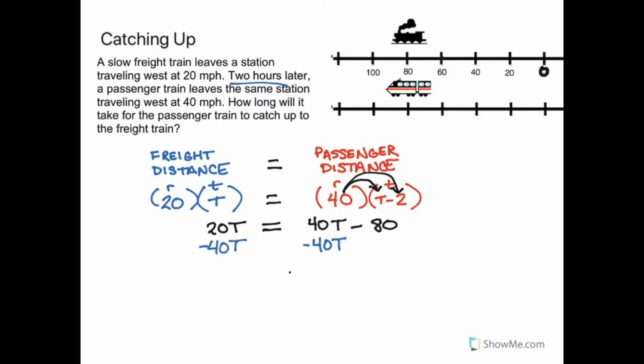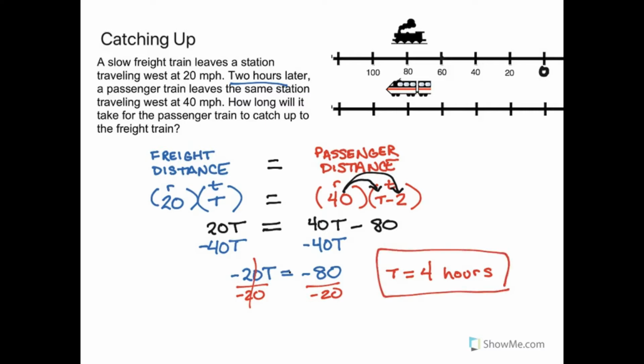So I subtract the 40t and I get negative 20t equals negative 80. Okay, divide by negative 20, 4 hours. That's 4 hours after the freight train left the station. The passenger train has only been traveling for 2 hours at that time, but it takes 4 hours for the freight train to be caught up to.